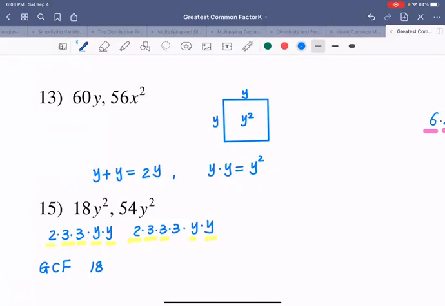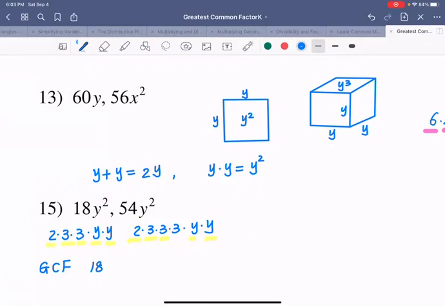If you have a 3D cube and every side is y, y and y, then the volume will be y to the power 3.